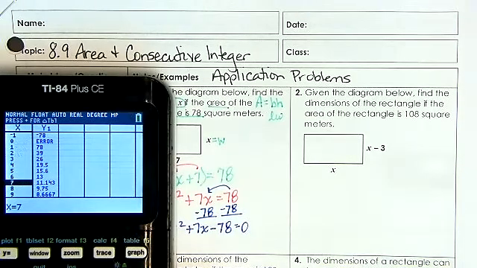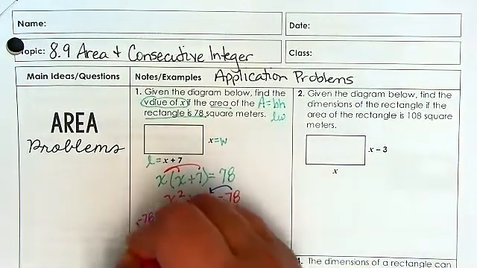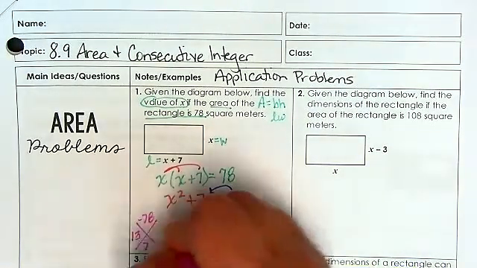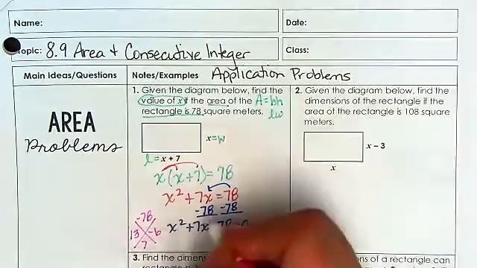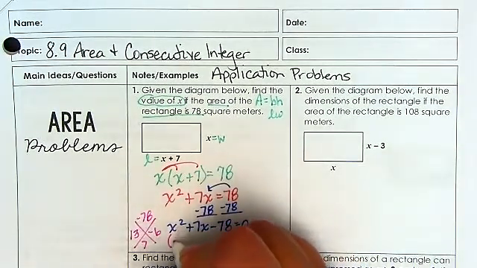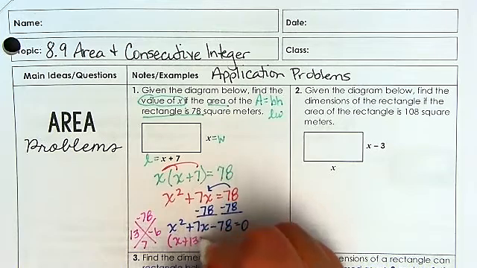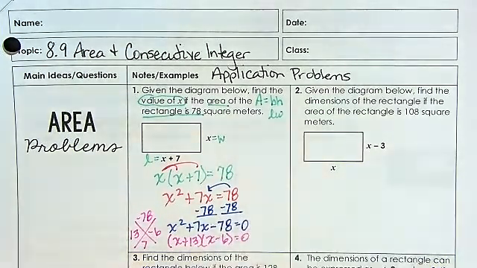If I scroll down, I can see the 13 and the 6. If I subtract them, that would give me 7. So my factors are going to be 13 and negative 6, because that's the only way I would get subtraction. Because the a here is 1, I know I can directly go x plus 13 times x minus 6 equals 0.